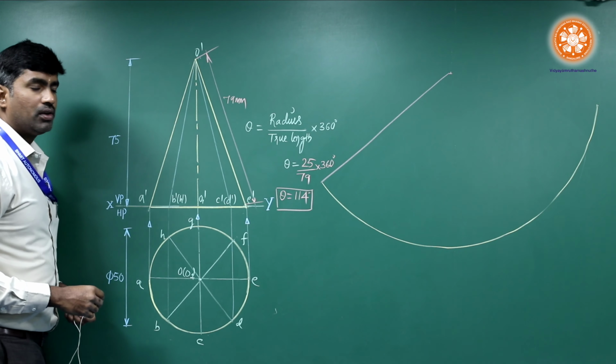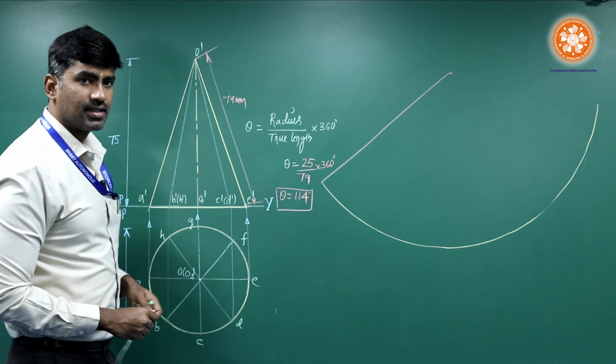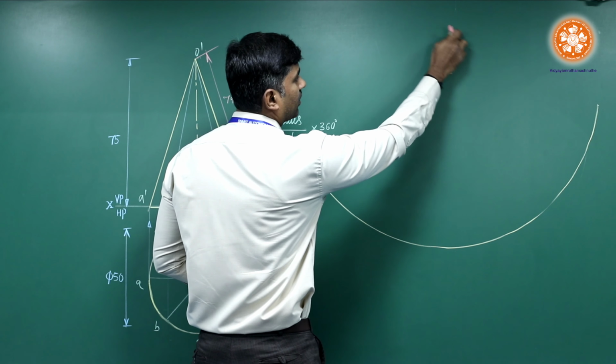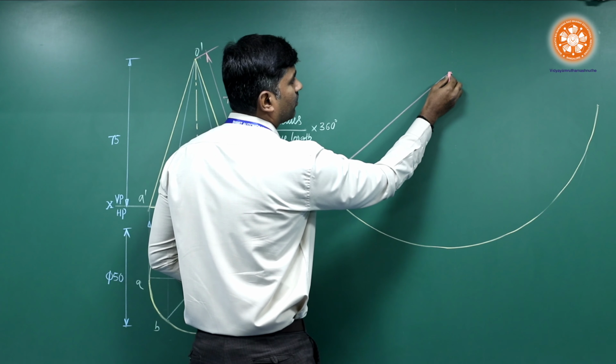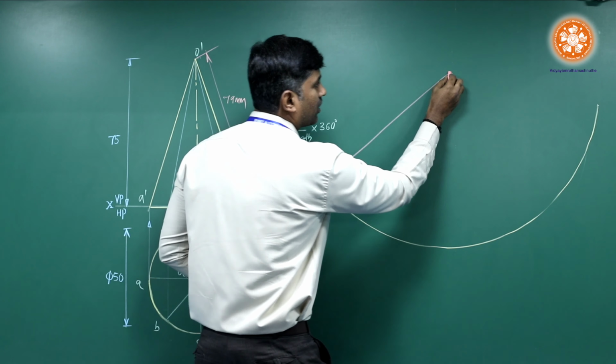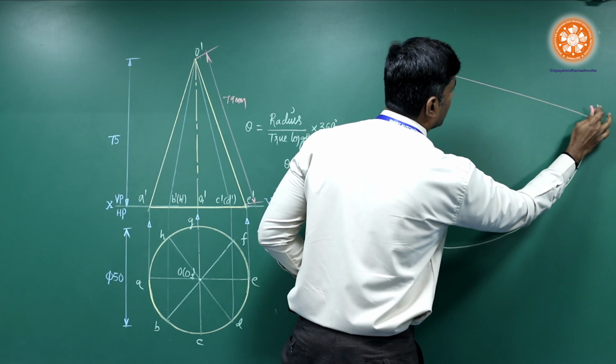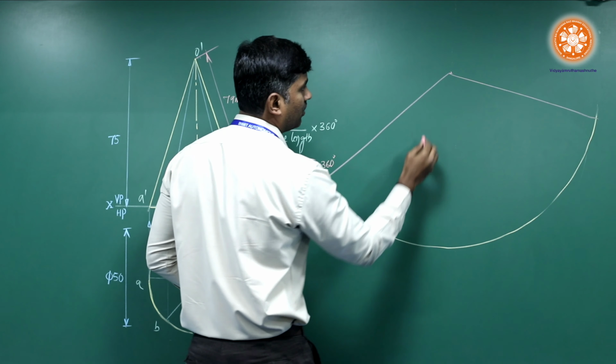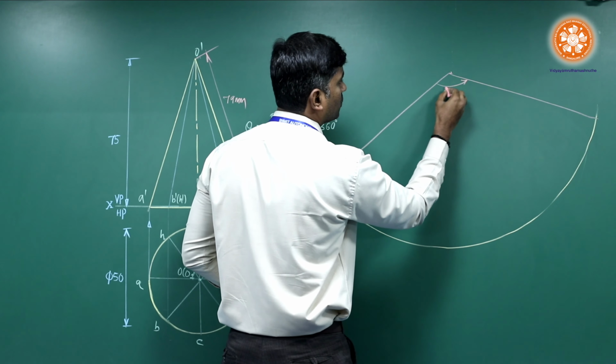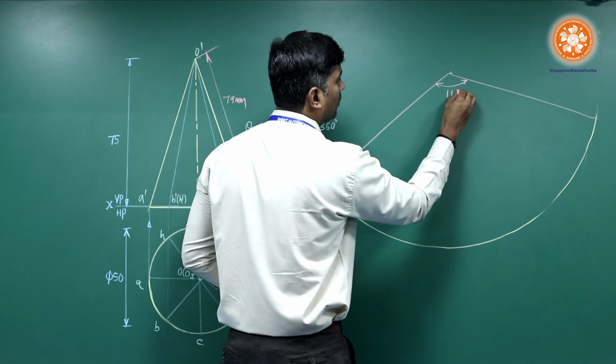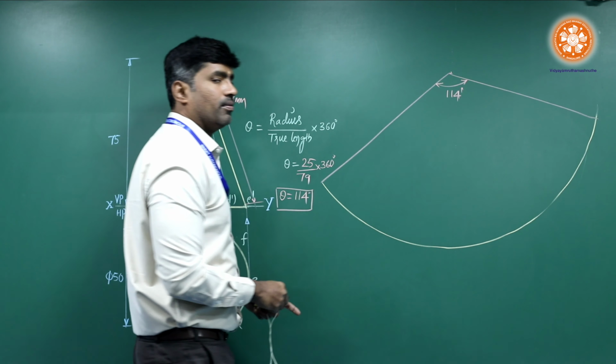Now what you need to do is, after getting this theta, keep your protractor this particular way. From this, measure 114 degree and join this accordingly. So this angle is supposed to be 114 degree.